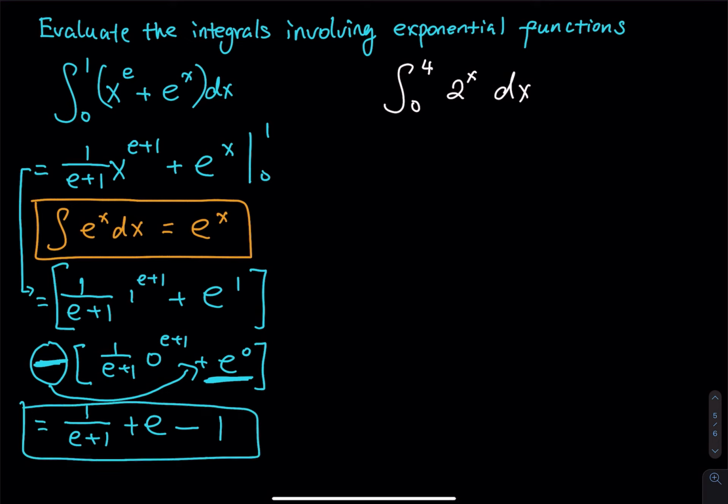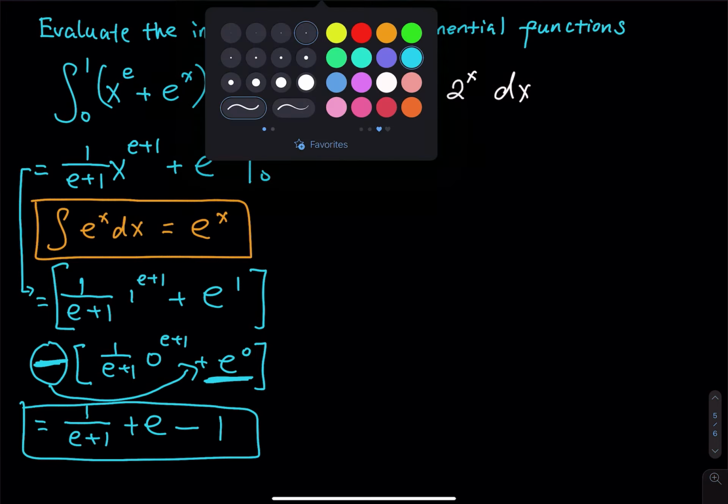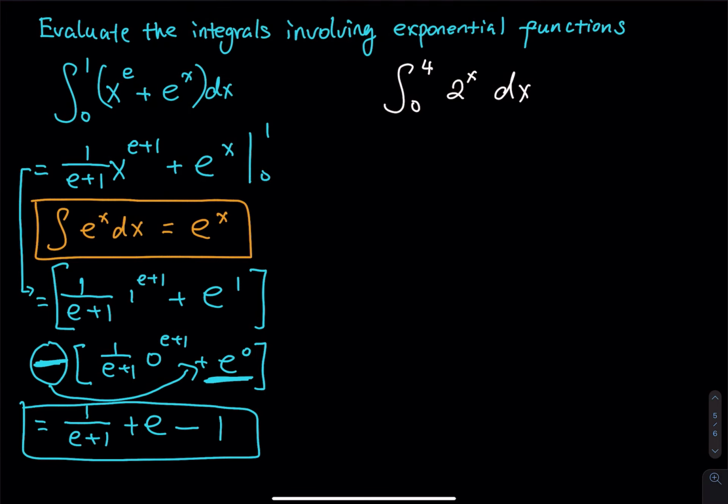All right. And then the one on the right, that is also an exponential function. So we have to bring up a very important formula for that one. So that is the integral of b to the x, where b is the base, and b is a real number: 2, 5, 6, 10, 1,000, whatever you like.